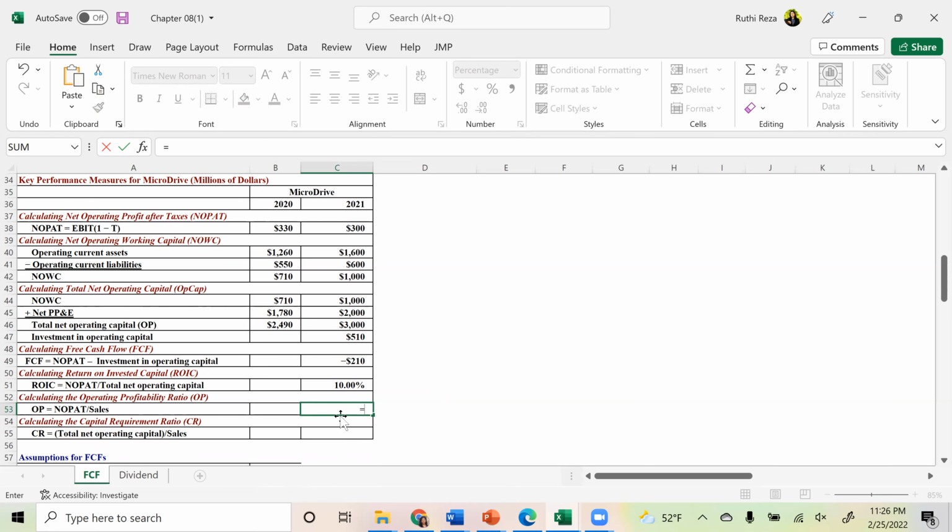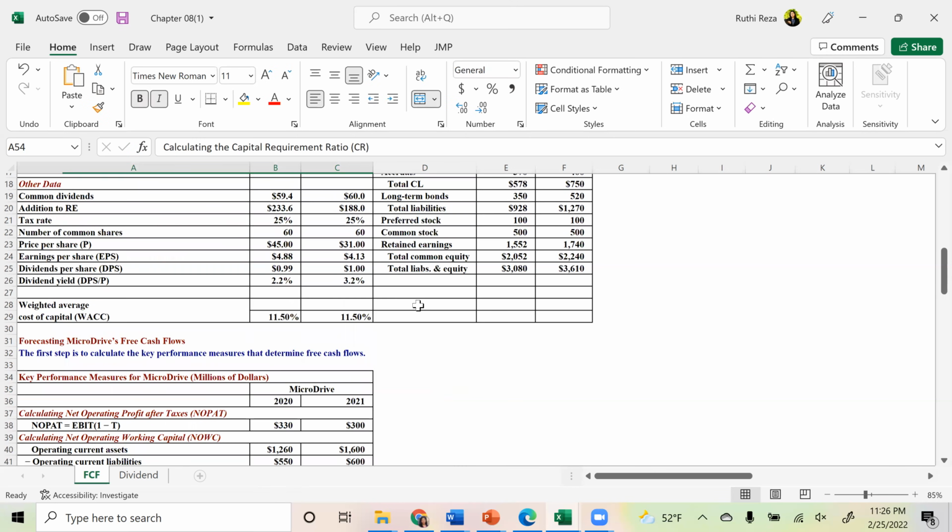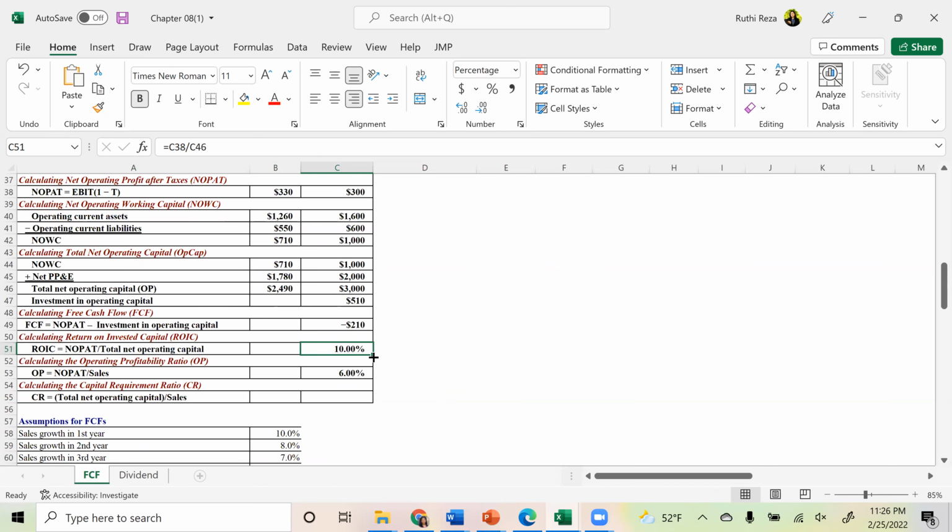Now, the operating profitability ratio. This ratio measures the amount of net operating profit after tax we generate for every dollar of sales revenue, so it is net operating profit after tax over sales revenue. Then the capital requirement ratio.